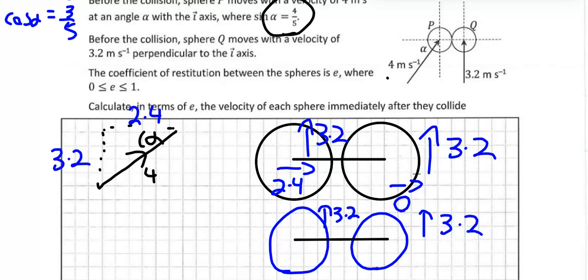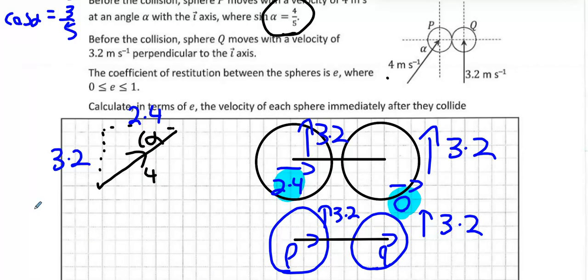So the 3.2s are perpendicular to that. So the only thing that's getting affected is the 0 and the 2.4. So you can use letters if you want. I'll call that P, and this one Q. I have them both moving to the right. If they're moving to the left, I'll get a negative answer, won't I?